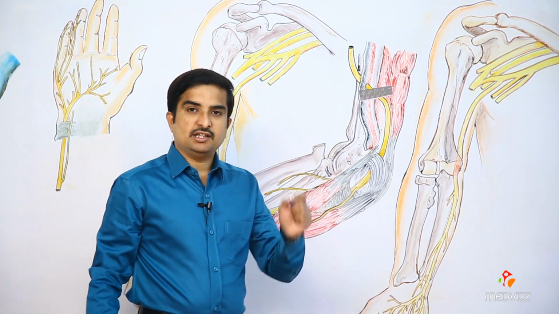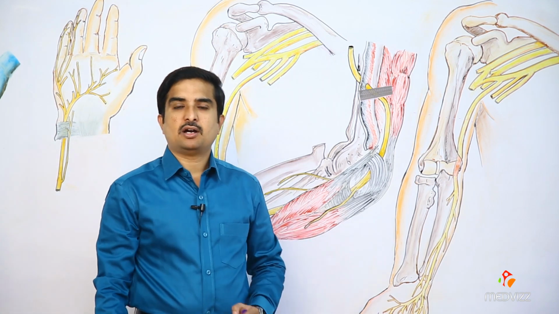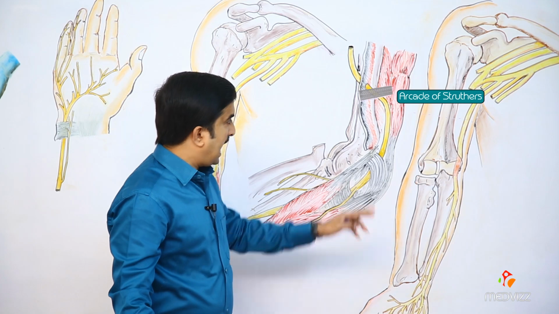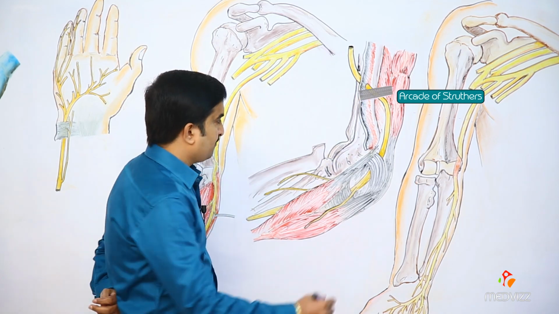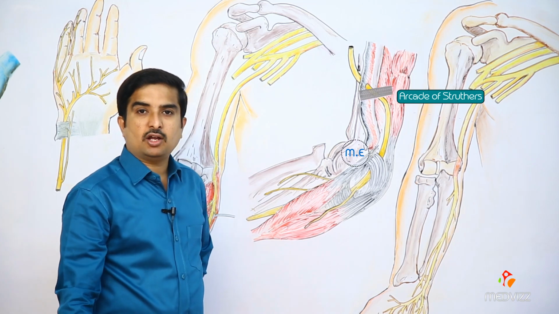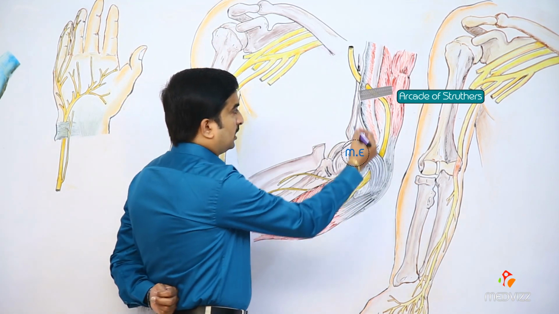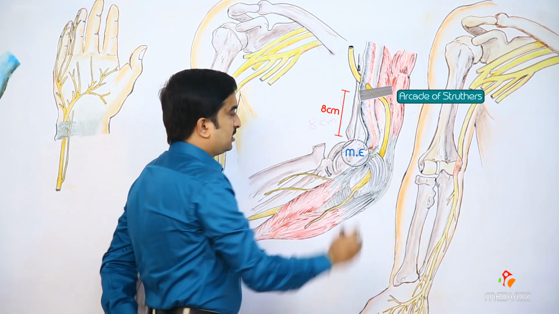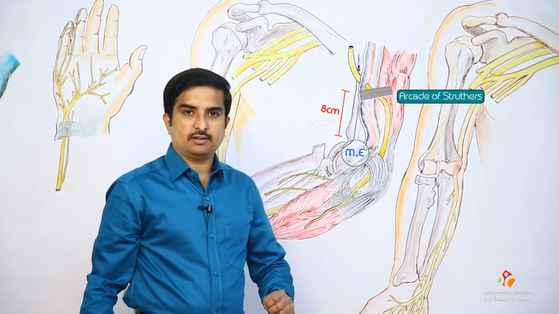These fibers are nothing but the arcade of Struthers. As you can see the arcade of Struthers, and this is the medial epicondyle of the humerus. The arcade of Struthers is approximately 8 centimeters from the medial epicondyle, right?